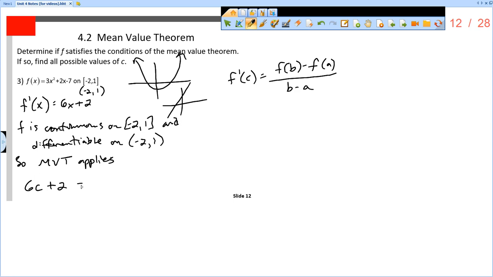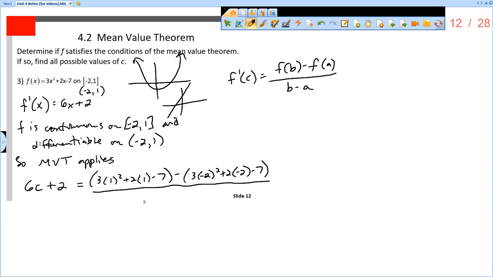So f prime of c equals f of b, so that's going to be 3 times 1 squared plus 2 times 1 minus 7, all of that minus f of a, so that'd be 3 times negative 2 squared plus 2 times negative 2 minus 7, all over 1 minus negative 2, right?